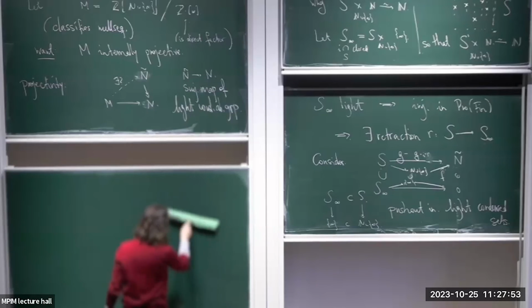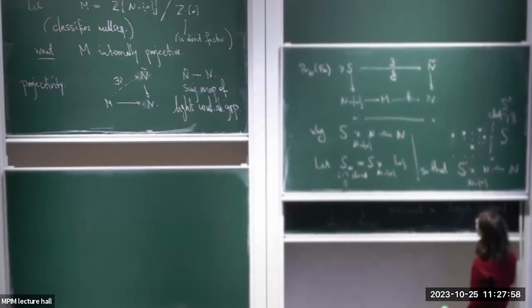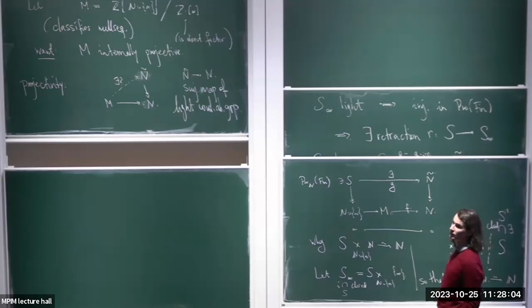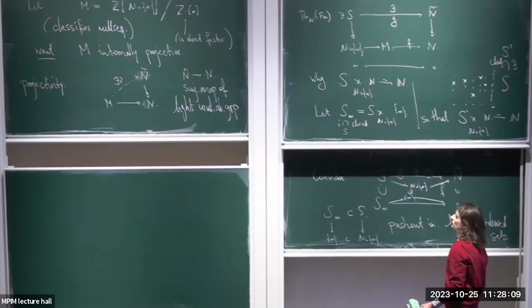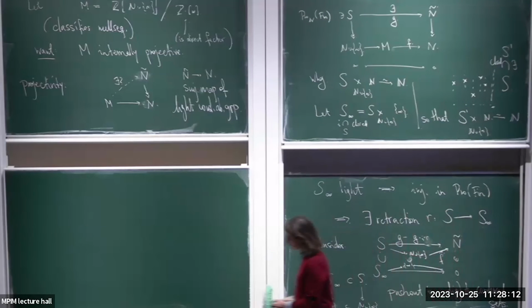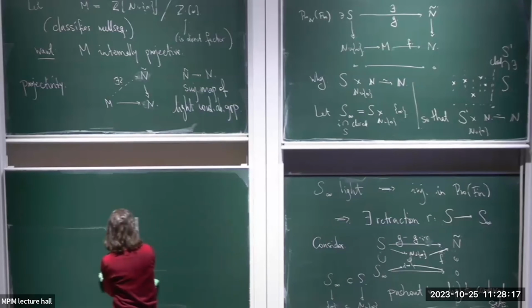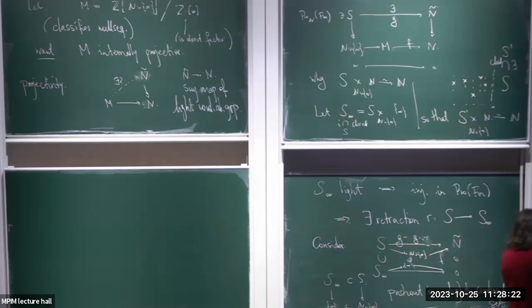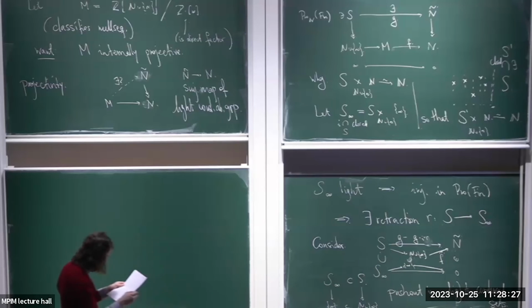So what is the map G? Maybe you don't see it anymore. This one. So on S, I can find the lift. That's my map G. So on the top row, you compose G with R or something?